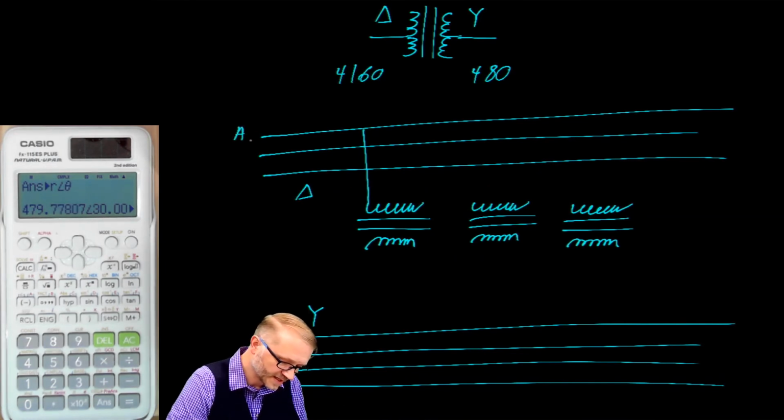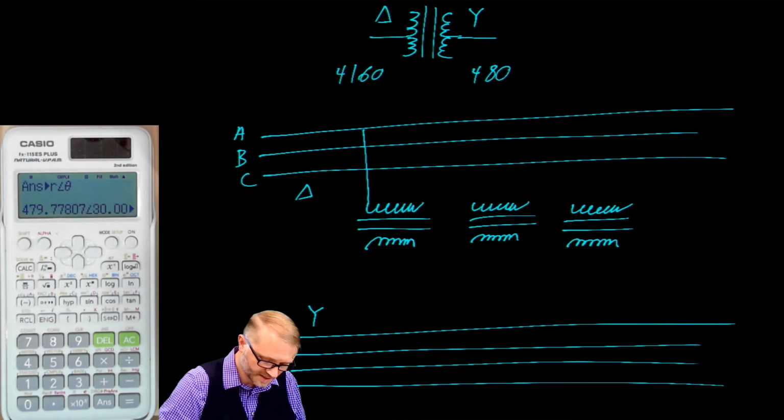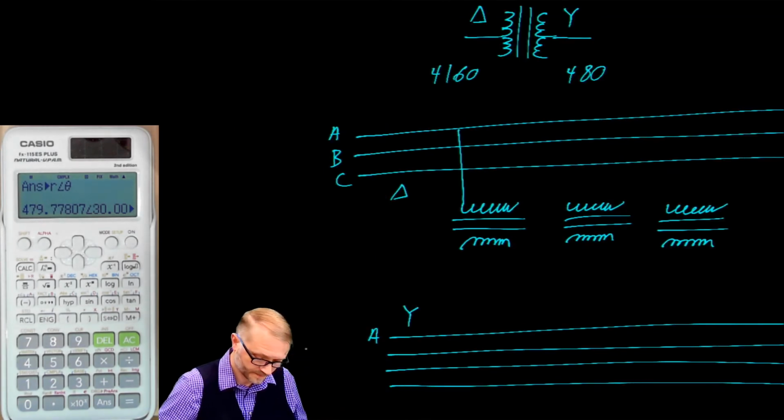So this is phase A, phase B, phase C, A, B, C, and neutral. So we're connecting this transformer. We'll call this T1, T2, T3.